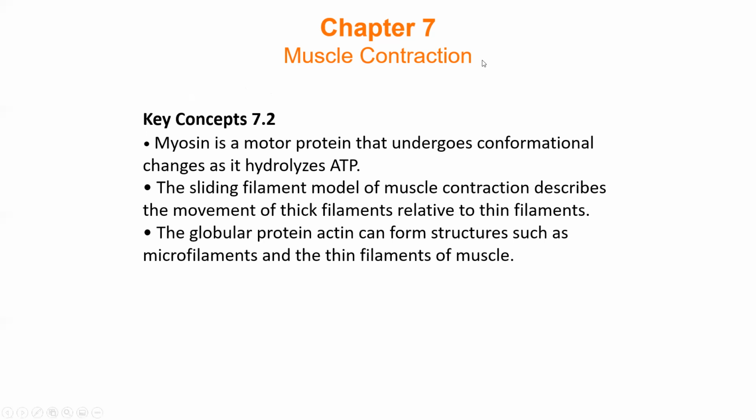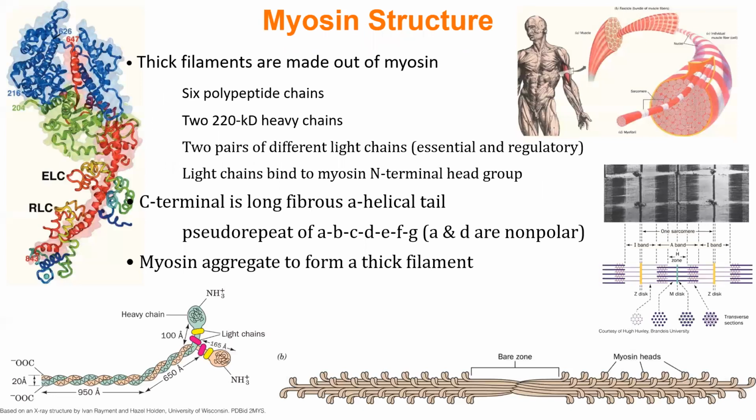But let's get into how your muscles work on a biochemical basis. And when talking about muscles, there are a lot of different structural details we can look at. Those of you who took A&P probably learned about the basic unit of the muscle, how it's made out of these repeating sarcomere units.